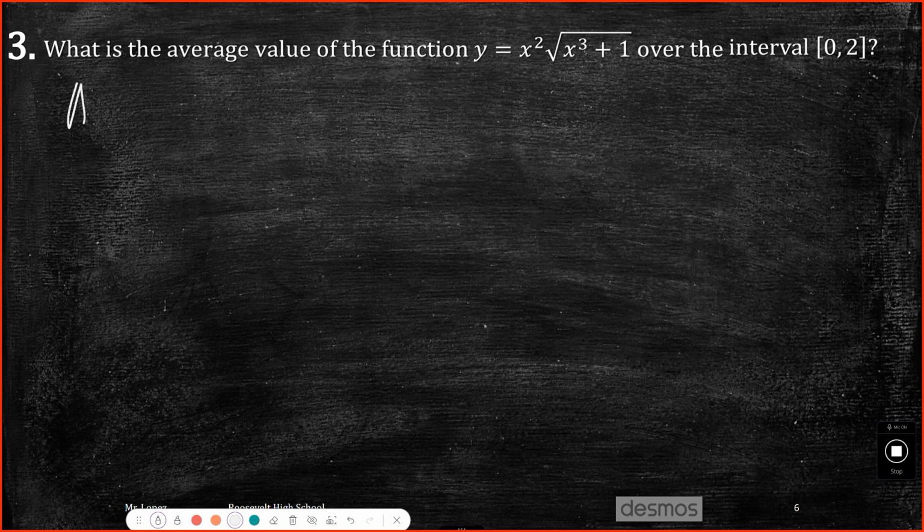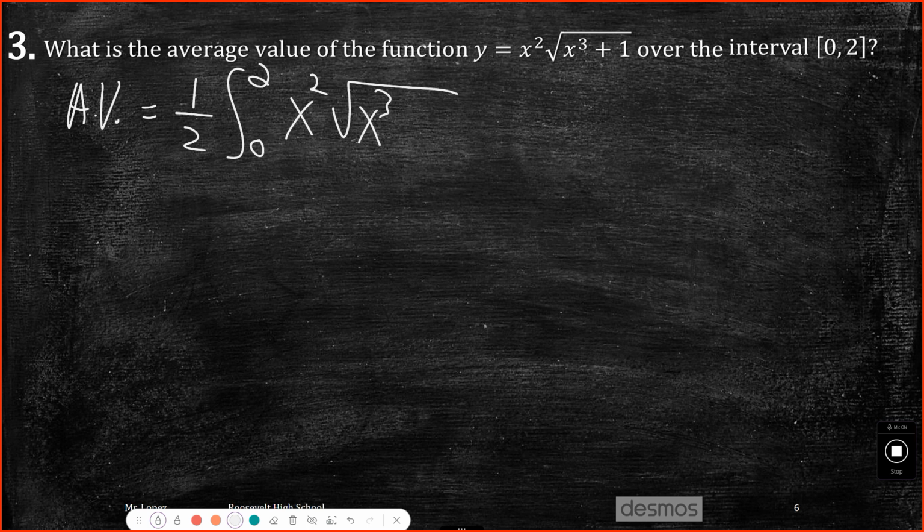I don't want to be writing too much. Average value, AV, I guess. I'm just going to put AV just to get going. It's going to equal 1/2, the integral from 0 to 2 of x squared times the square root of x cubed plus 1.